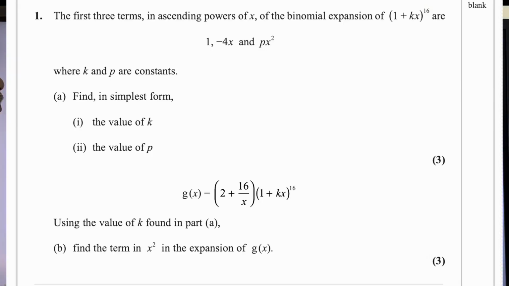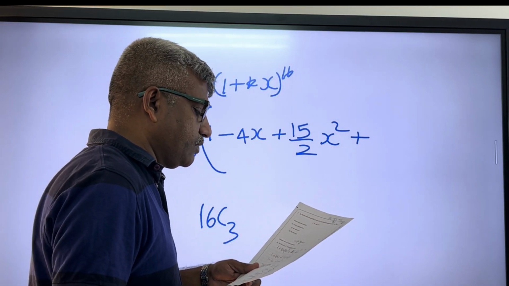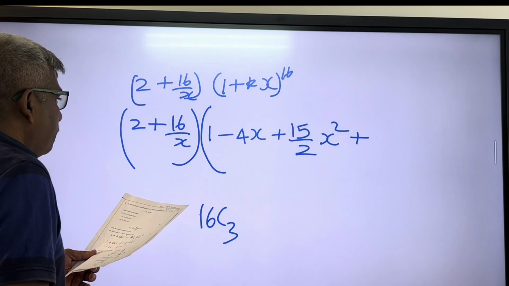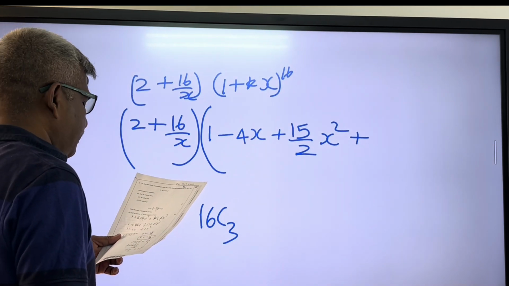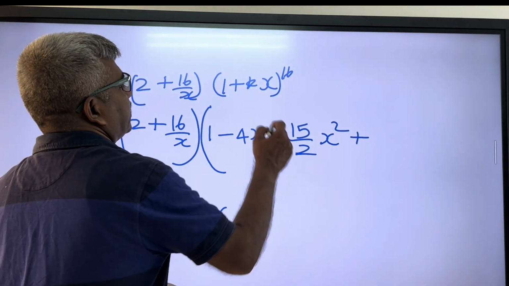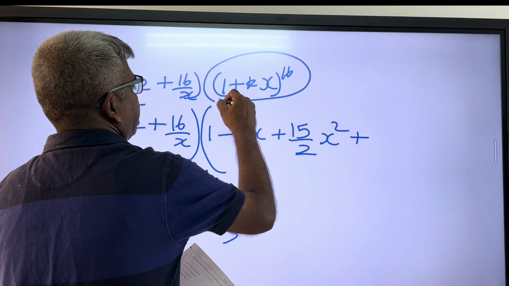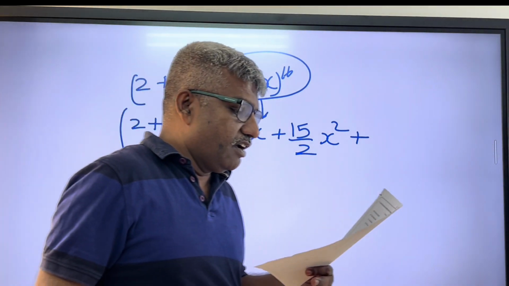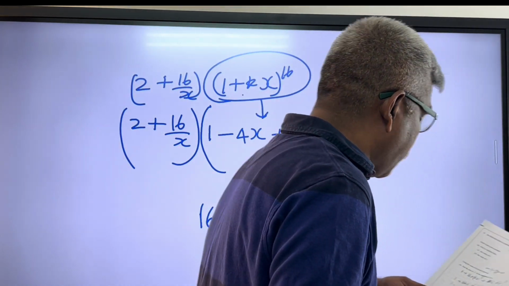2 plus 16 over x multiplied by, look at the question, (1 plus kx) to the power of 16. Multiply (2 plus 16 over x) by (1 minus 4x plus 15 by 2 x squared). Instead of (1 plus kx) to the power of 16, I put this value. Now they are asking to find the coefficient of x squared.